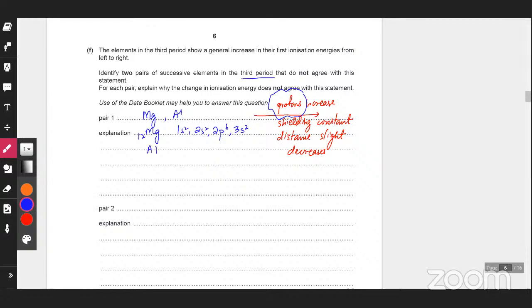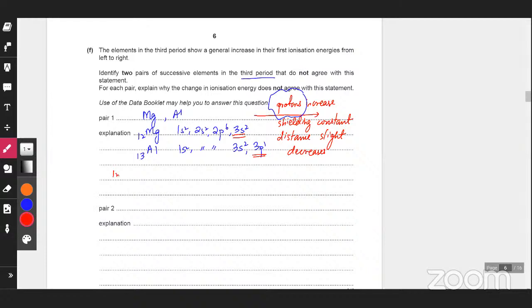If you look at the electronic configuration of aluminium, that's 13 electrons, so 1s2. Everything is exactly the same until the last shell, which is 3s2 and 3p1. So why is it easier to remove an electron from aluminium? Because you're removing an electron that is kind of further away. There's an extra subshell added in aluminium.